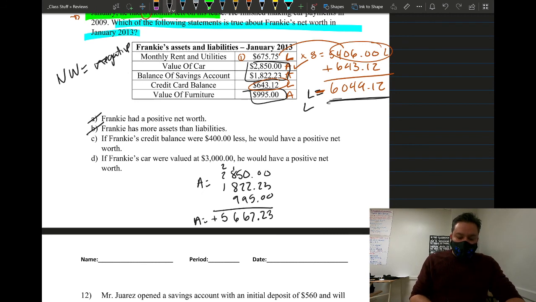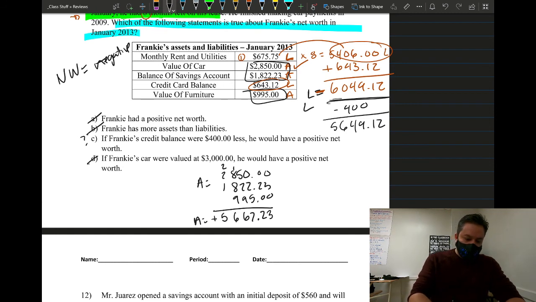Frankie's credit card balance were $400 less, he will have a positive net worth. Let's see. If we take away $400 right here, what do we get? $5,649. So he will have a positive liability? Yes. He will have a positive liability by about $18. Last one, it says Frankie's car were valued at $3,000. He will have a positive net worth.